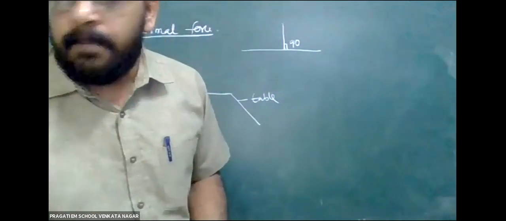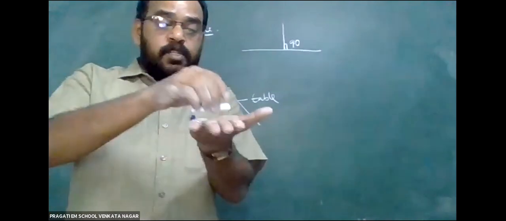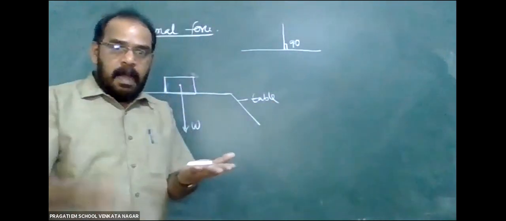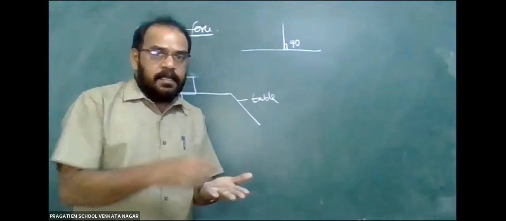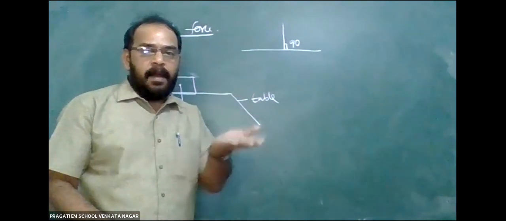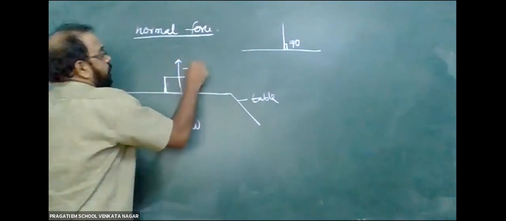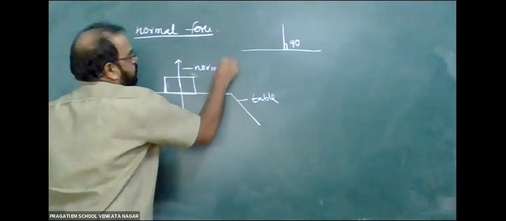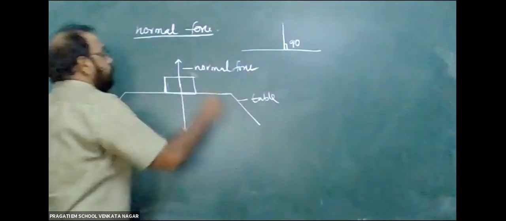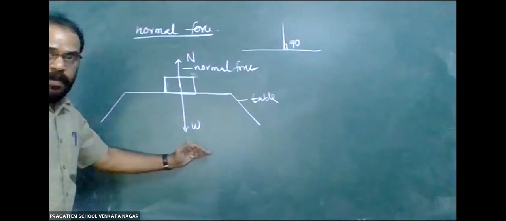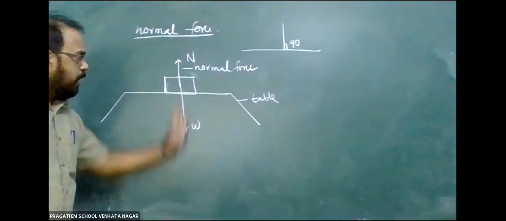When something is in my hand, this chalk piece, its weight acts vertically downward, and at the same time my hand gives an upward force. That force is called normal force.